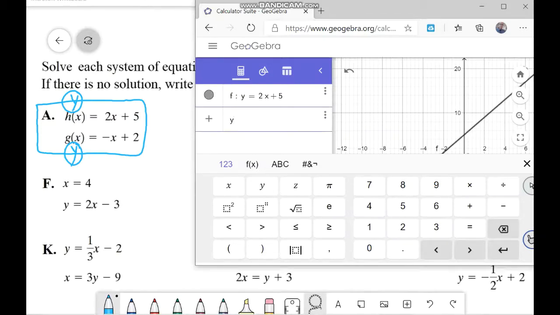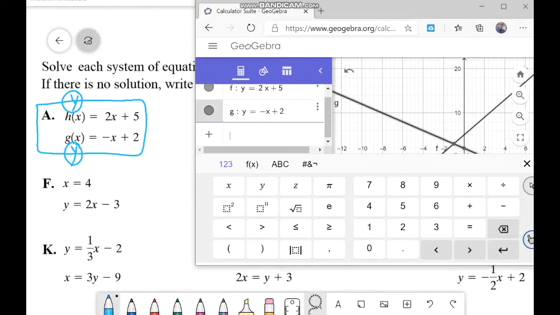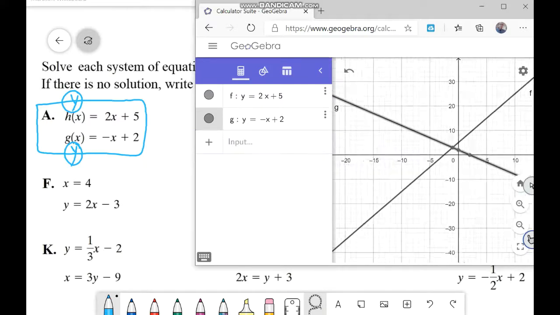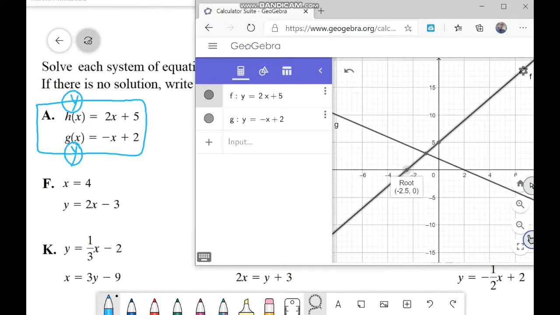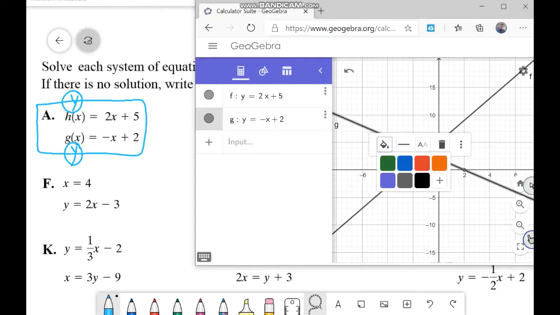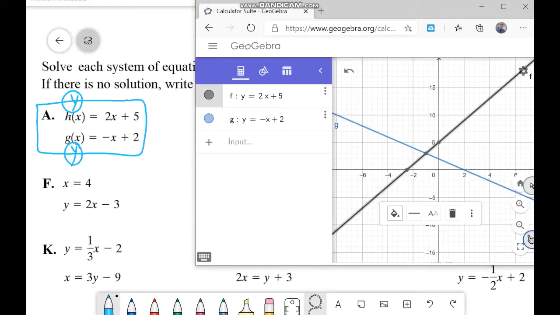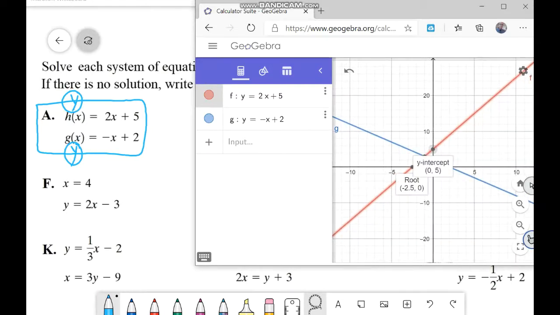And y equals negative x plus 2. And then check the graph. You have an intersection. I like to change the color. Let's use blue for this one, red for this one, and the intersection is going to be here. Let's zoom in a little bit more.